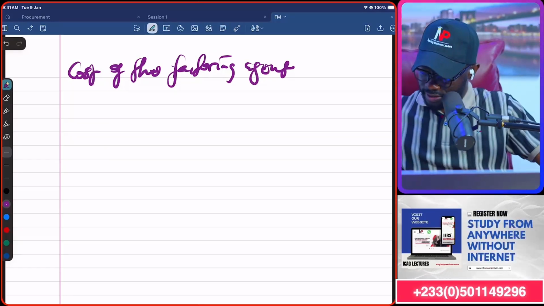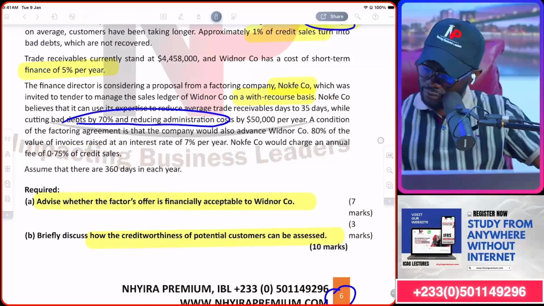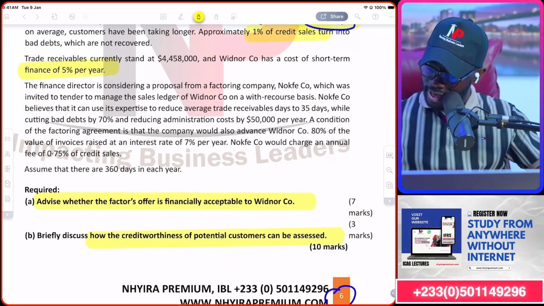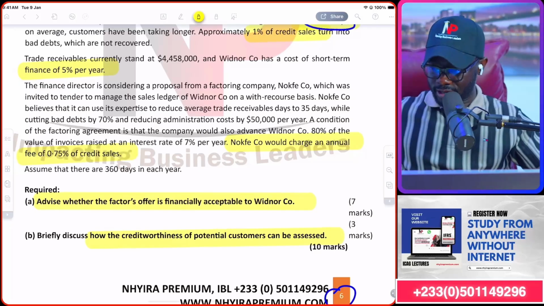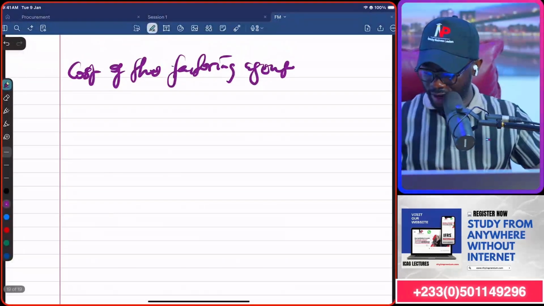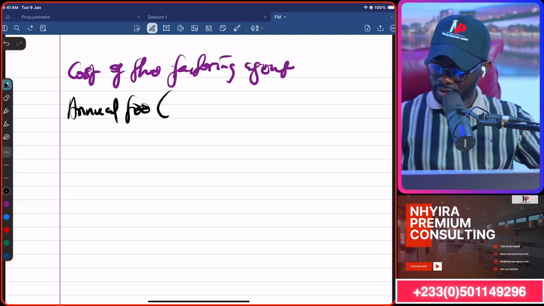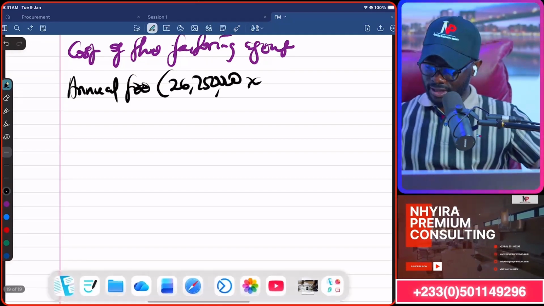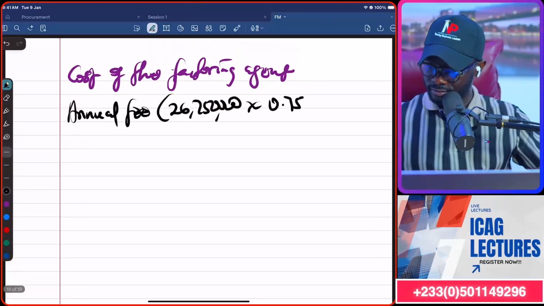Two things. They say they will charge us a fee of what? Let me clean this so that we get the idea. The factor will charge an annual fee of 0.75% on credit sales. So we bring in their fee. 26,750,000. They are taking 0.75% of that.